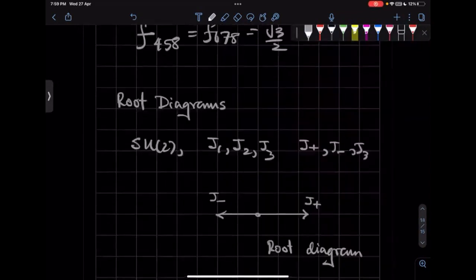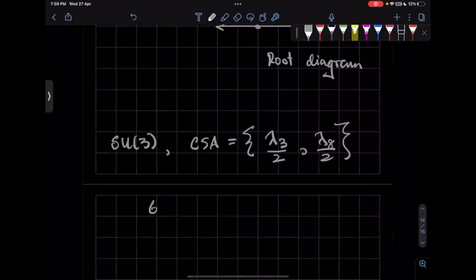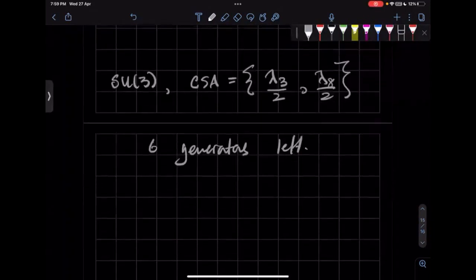So we take these to be the Cartan subalgebra. And then we have 6 generators left. These 6 generators, let's call them TA, lambda A by 2. This is just a normalization.